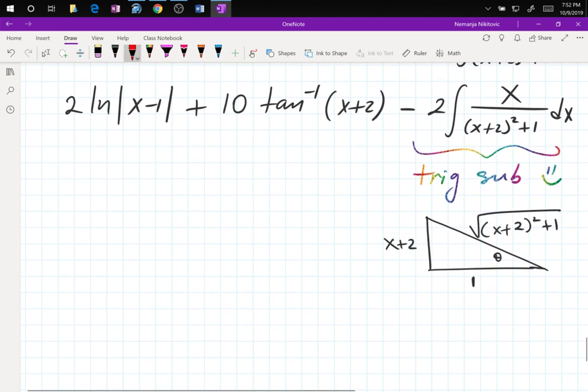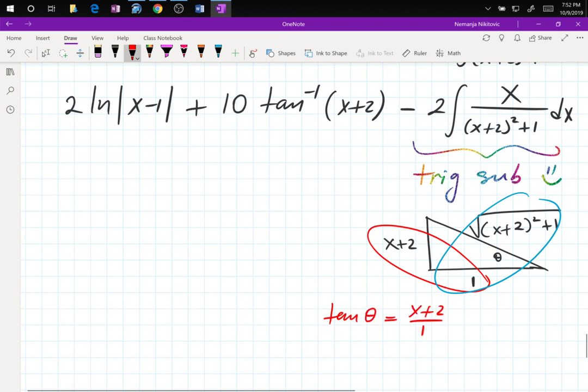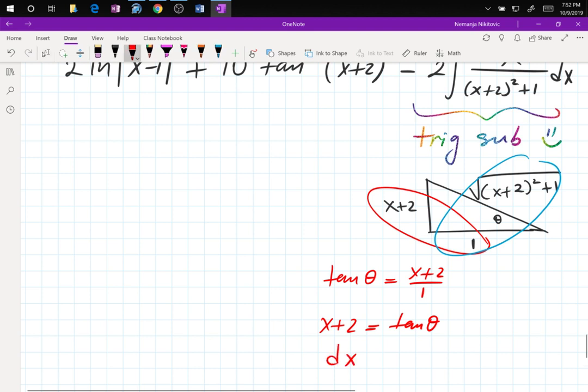We are going to create the red and the blue pair of equations. The red one is tangent theta, which is x plus 2 over 1. So x plus 2 is equal to tangent theta, and the dx immediately is secant squared theta d theta.